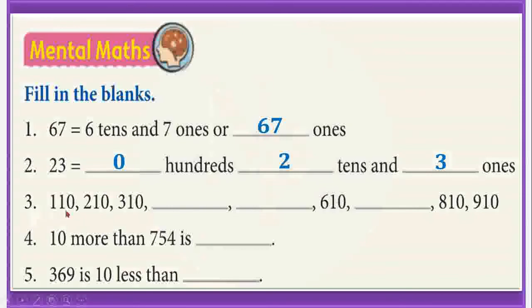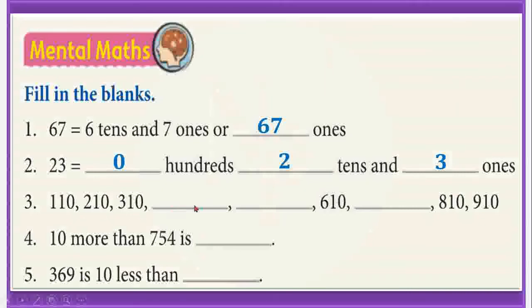Question number 3. Here we have a number pattern. Observe this. Here we have 110 and then we have 210, 310. Observe these numbers. 110, 210, 310. So these numbers are written in jumps of hundreds. So 210 is 100 more than 110 and 310 is 100 more than 210.